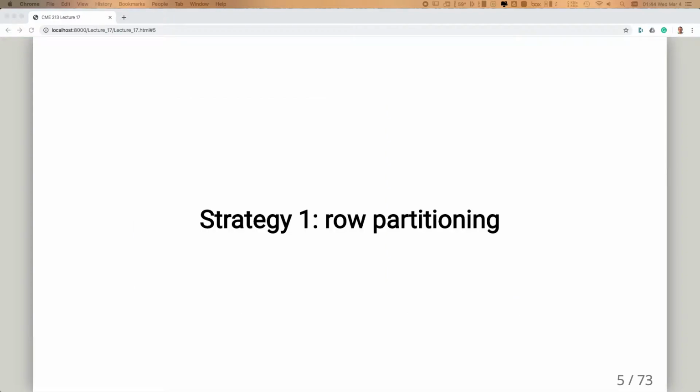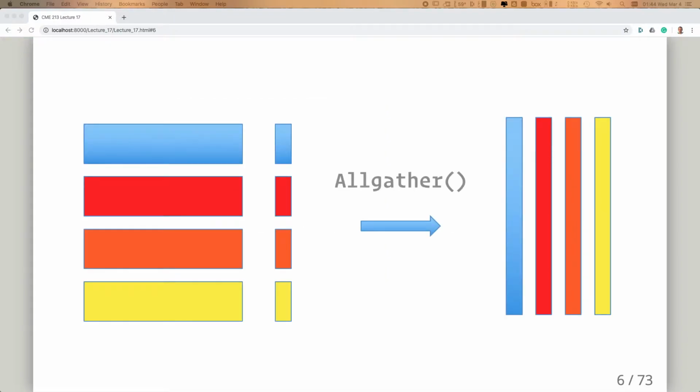So let's look at row partitioning. The idea is you take your matrix and decompose it across the rows like this, and then each block is stored on a given process. You assume that your vector is also distributed in a similar manner.